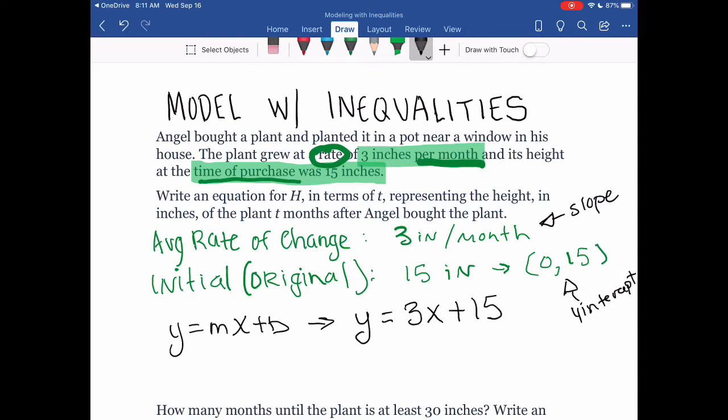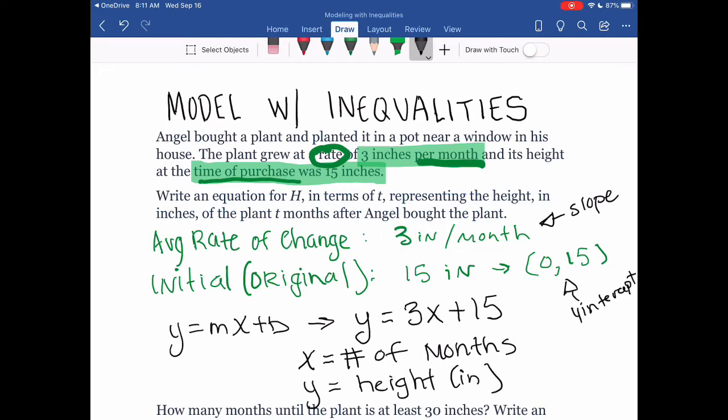And let me define my variables. X equals the number of months, and y equals the height in inches. So here's our final answer.